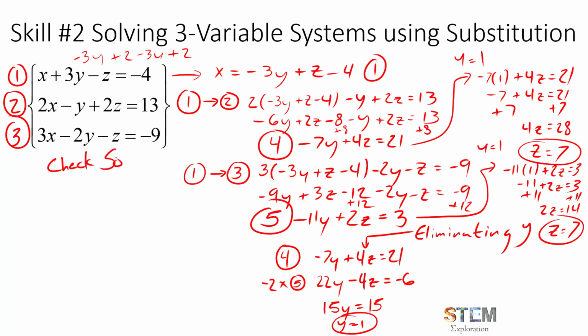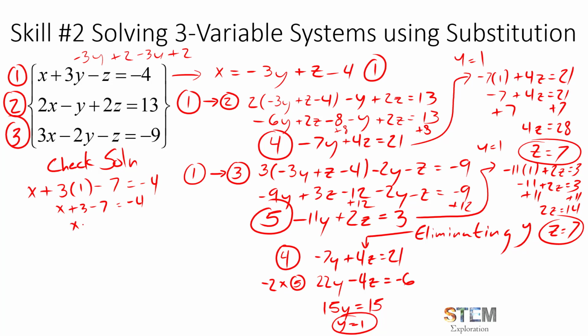All right, the first check is just to find what x is, and then we're going to see if that relationship holds true for 2 and 3. So let's plug in x. Let's go x plus 3 times 1 minus 7 equals negative 4. We do a little math. We go x plus 3 minus 7 equals negative 4.